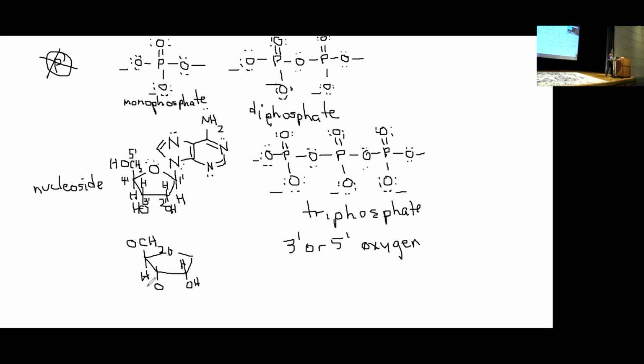And I have to be entirely honest. Actually, I'm not going to commit to this being ATP. I don't think it is. Because I think ATP is dATP, so it's going to have an H over here. It's going to be DNA type, not RNA type. But I will make this into a nucleotide by adding one of those 3 phosphate groups.